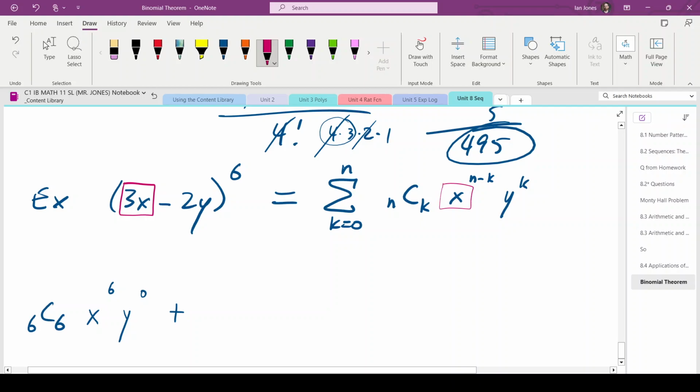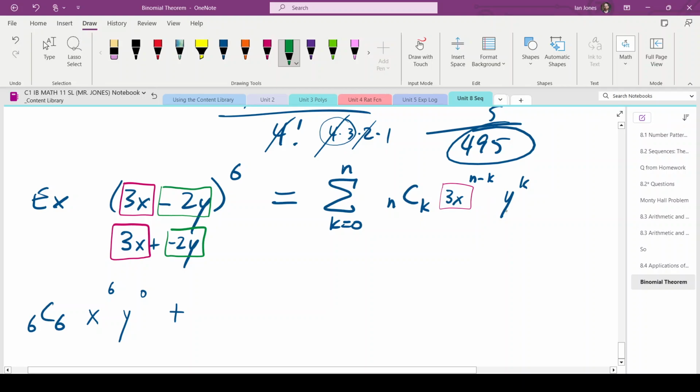In fact, I probably shouldn't even put an x here for it. I should call this 3x. And y is in fact a negative 2y. This is really the same as 3x plus negative 2y. And I have 3x as the first part of my binomial, and negative 2y as the second part.